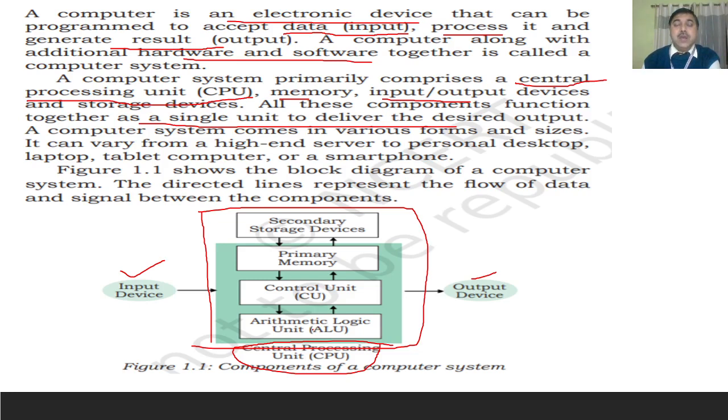Each of these sections is a very important part, and each section has a different pattern or size of working. Where do we find it? In high-end user devices like laptops, tablets, computers, smartphones, all these different gadgets do this work.